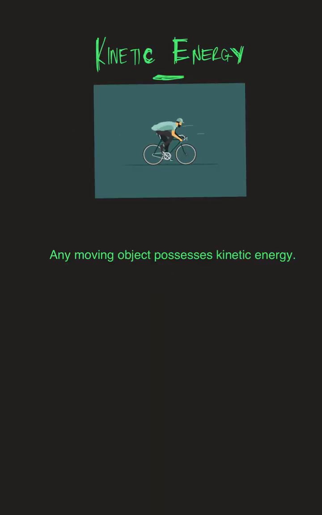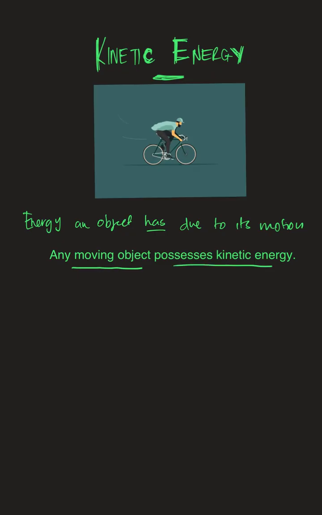When we talk about kinetic energy, we must understand that kinetic energy is energy an object has due to its motion. So if I have any moving object, it will have kinetic energy.